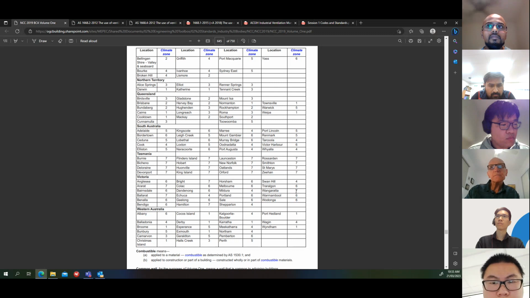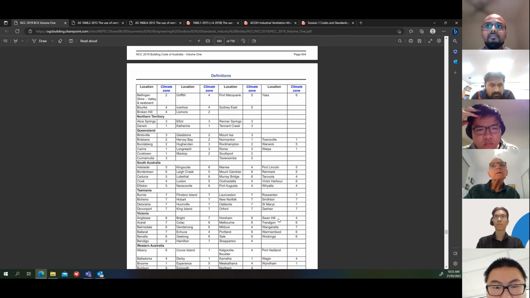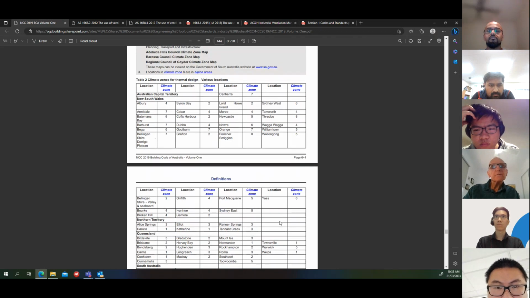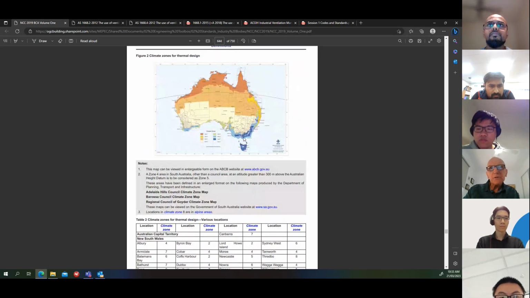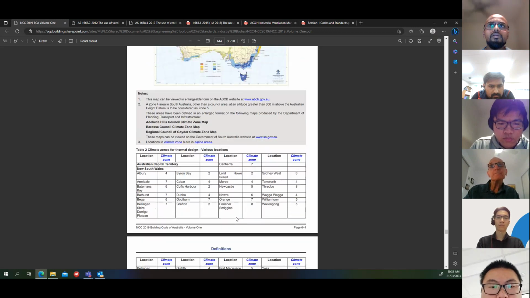Warrnambool is 6. So mainly 6 and 7. Swan Hill is 4. So that's an arid climate up there. And these colour codes, it's a little bit hard to distinguish where the boundaries are at times, but there's a legend there that tells you what zone they are, if it's not listed in this table.